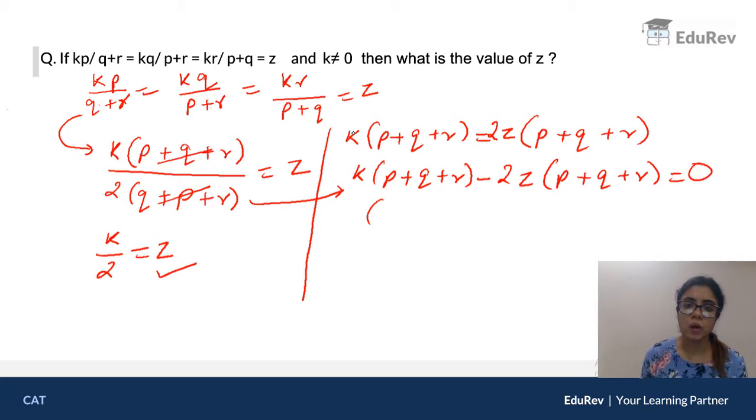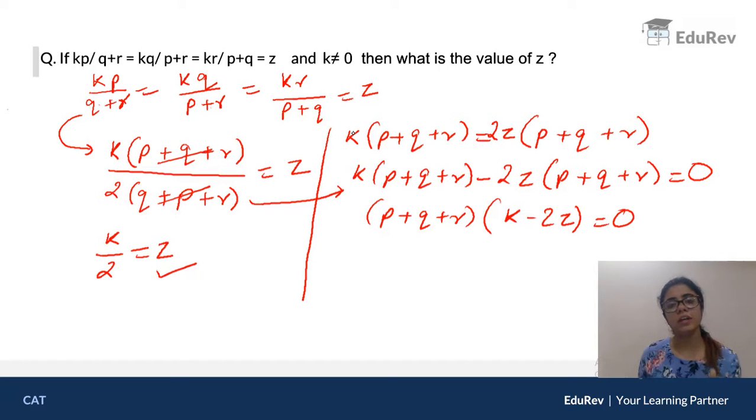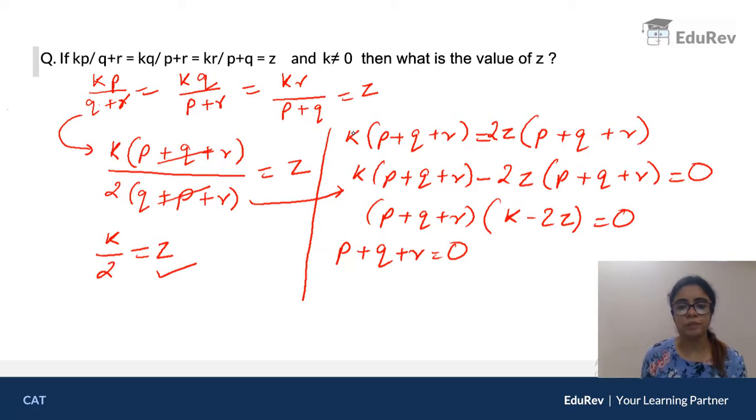Now we'll take p plus q plus r common into k minus 2z is 0. When the product of two terms is 0, one of them has to be 0. So that means either p plus q plus r is equal to 0 or k minus 2z is equal to 0. So if k minus 2z is equal to 0, we already get the value of z, which is already interpreted here. So that is already obtained.